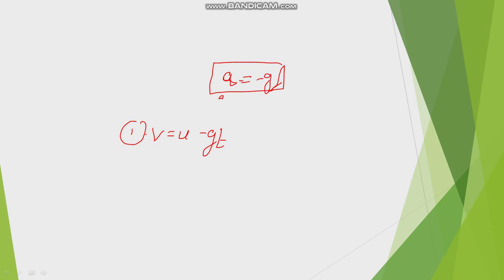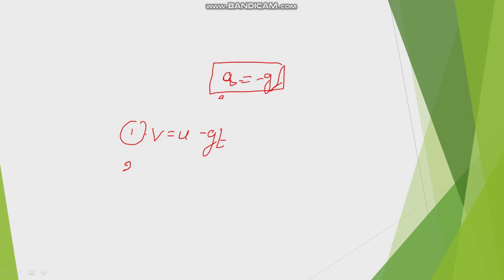And finally, for upward motion, when the body is projected upward, a would be taken to be minus g. This is the thing you need to understand. The first equation is v equals u minus gt.